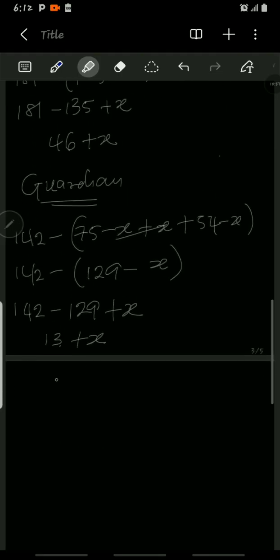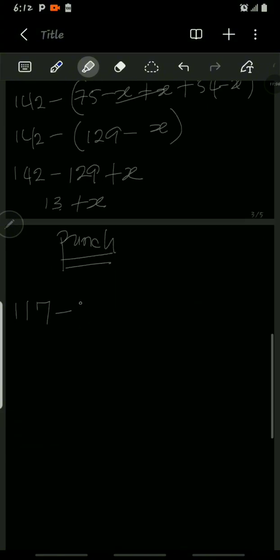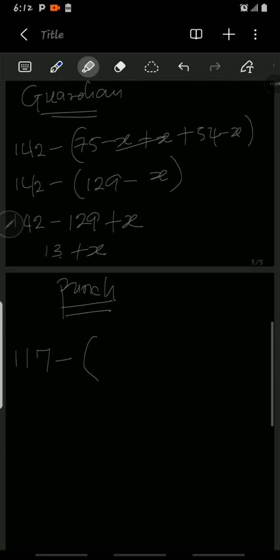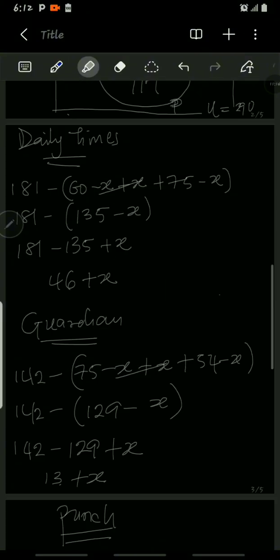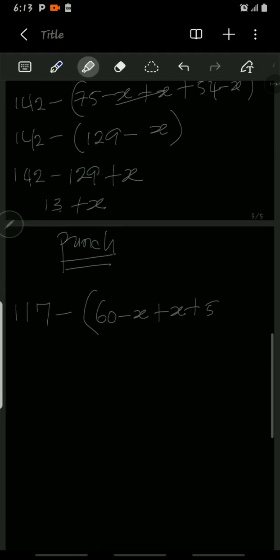So the last one is the Punch. And for Punch, I'm going to do the same thing. 117 minus what is inside it, which is 60 minus X plus X plus 54 minus X, everything inside it here. So I have 117 minus, if I sum up 60 plus 54, they are like terms.